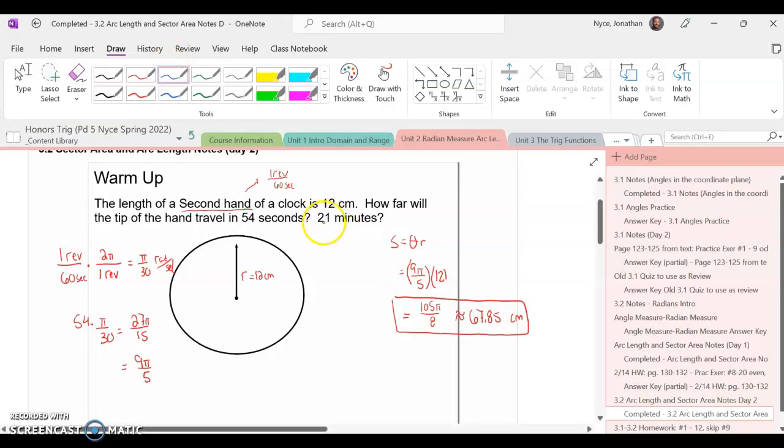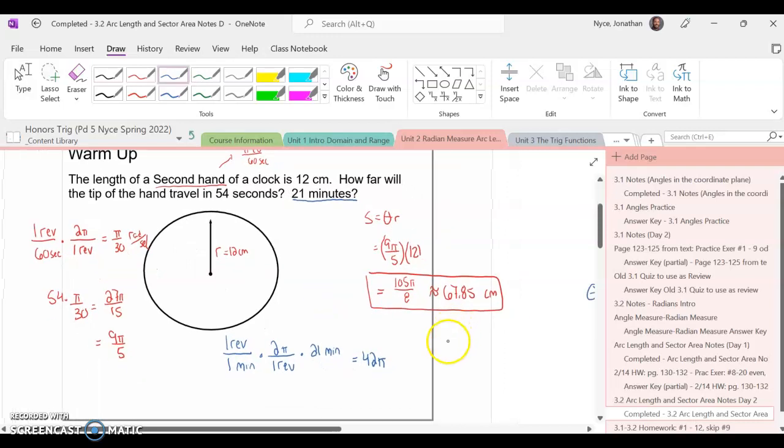If we want to look at 21 minutes, we know again the second hand makes 1 revolution every 60 seconds or every 1 minute. And we know 1 revolution is 2 pi radians. We do that for 21 minutes. That's going to give us 42 pi radians. So for the second part, we have an angle of 42 pi.